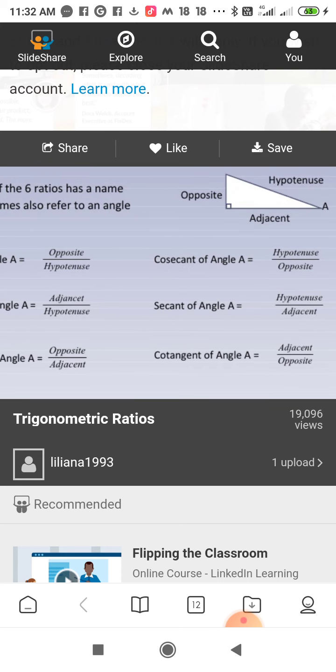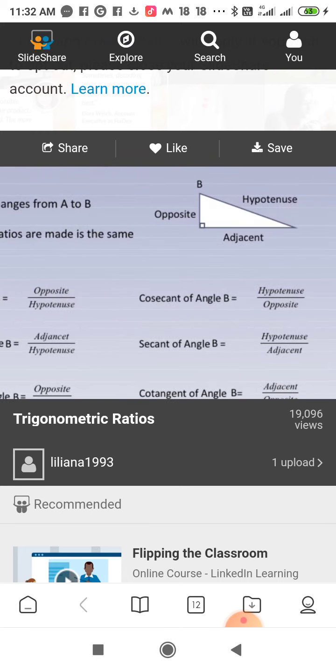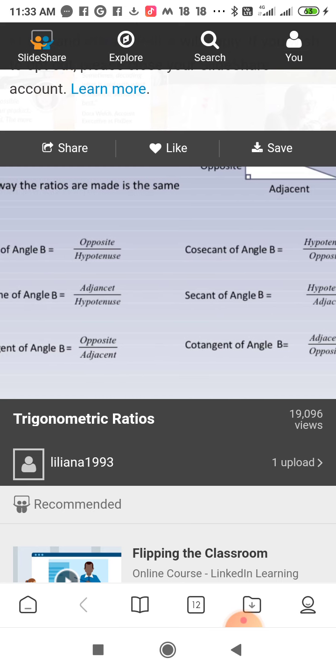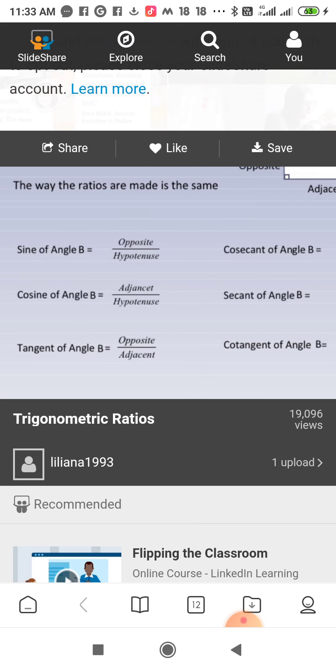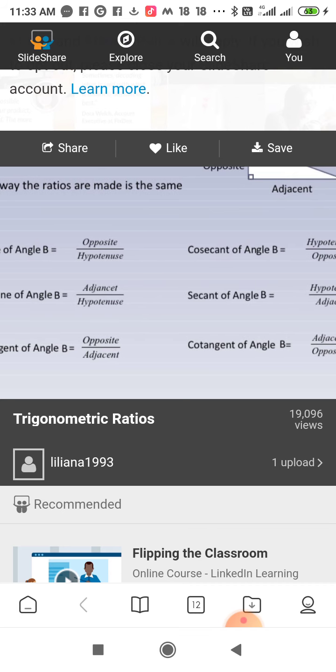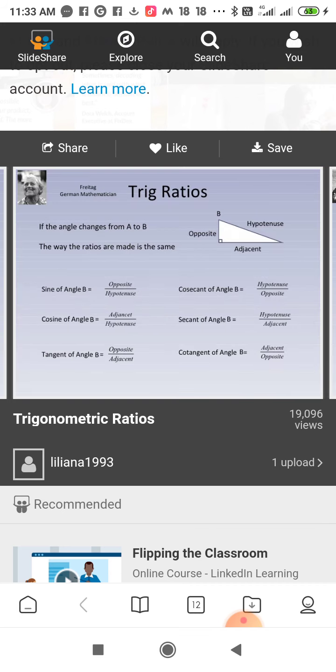Similarly, secant is the vice versa of cosine, hypotenuse upon adjacent, and next is cotangent, the vice versa of tangent, adjacent upon opposite side. So these are the six trigonometric ratios we have known: sine, cos, tan, cosec, sec, cot. Sine and cosec are reciprocals of each other; similarly cosine and secant, and tan and cotangent.